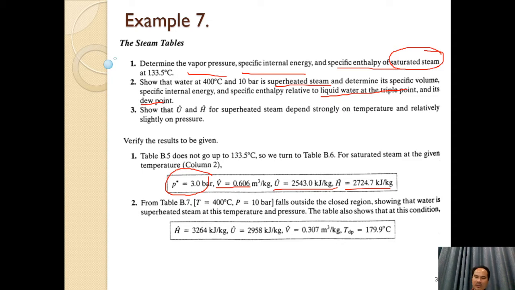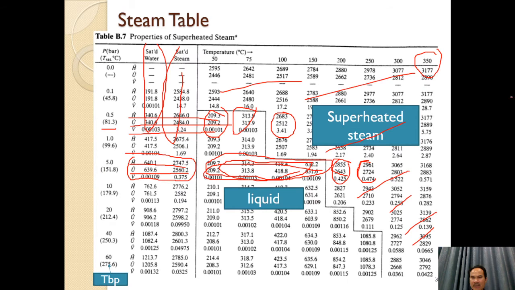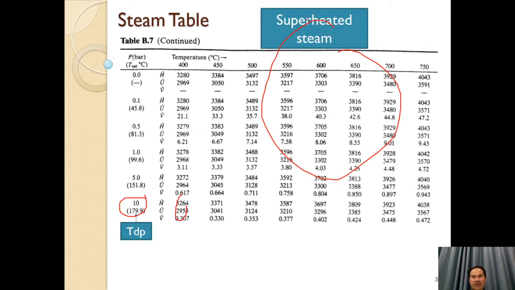This is surely superheated: at 10 bar, 400 is superheated, because at lower temperatures there is no 400 degrees Celsius. The saturation temperature is 179.9 Celsius.